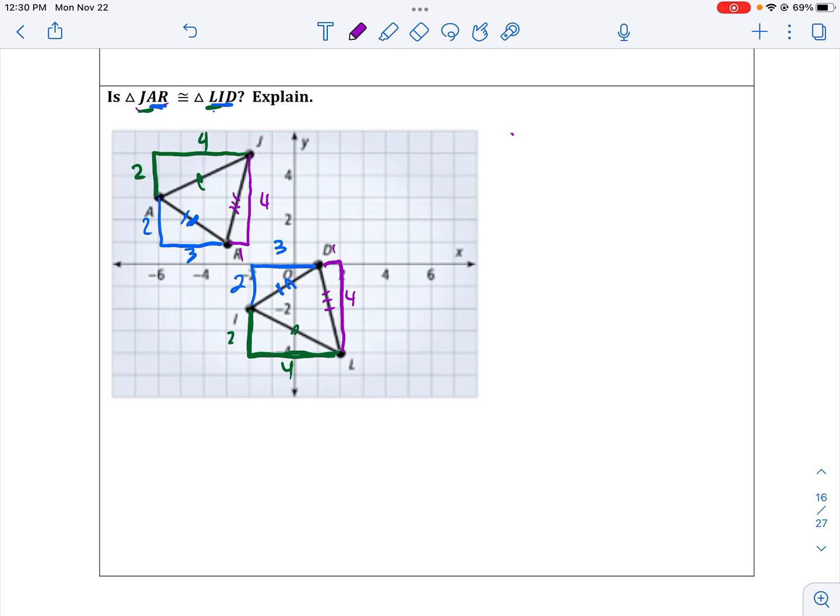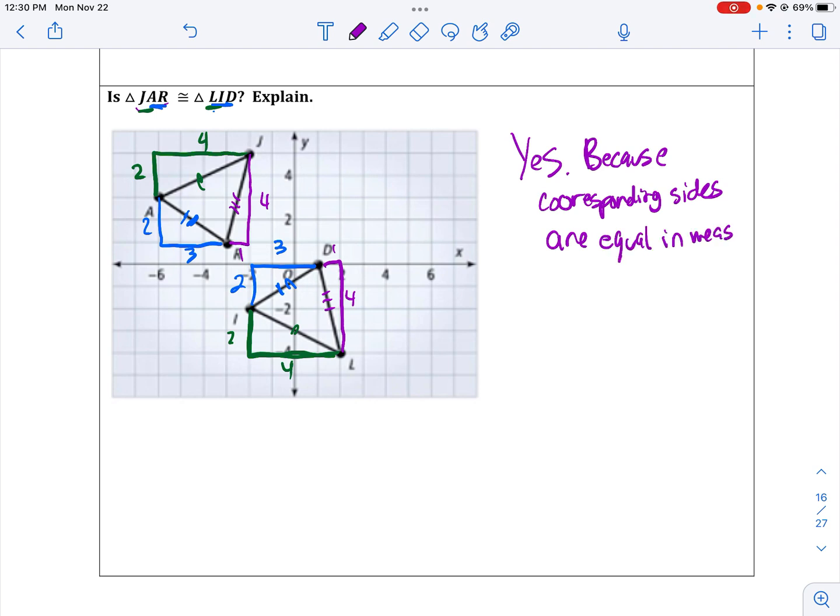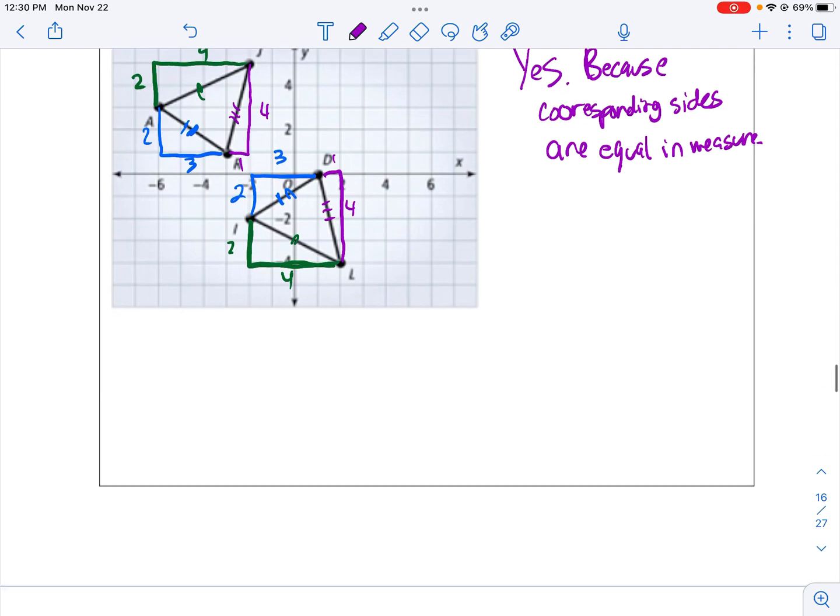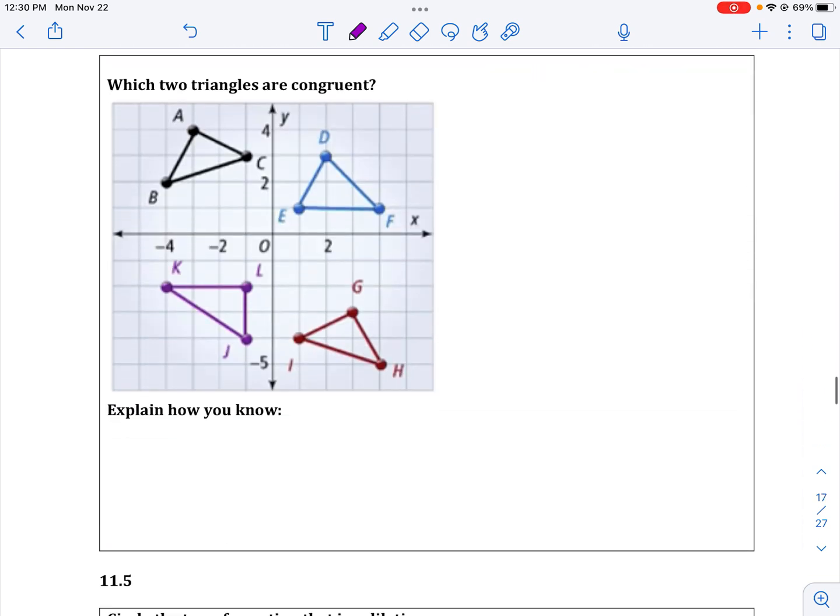So yes, the two triangles are congruent because corresponding sides are equal in measure. So we're using what we've learned in the Pythagorean theorem earlier in the third quarter to come up with which triangles are congruent.